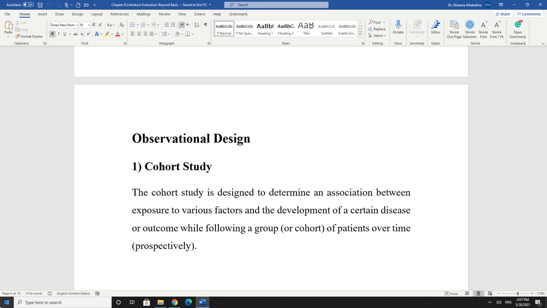I look at pharmacists who were exposed to the risk factor, preparing chemotherapy, and those who were not exposed, and then I follow them to see what will happen maybe within 10 years or 20 years of their career. And at the end, I will determine for each individual whether there is cancer or there is no cancer. Okay, so this is a prospective study.